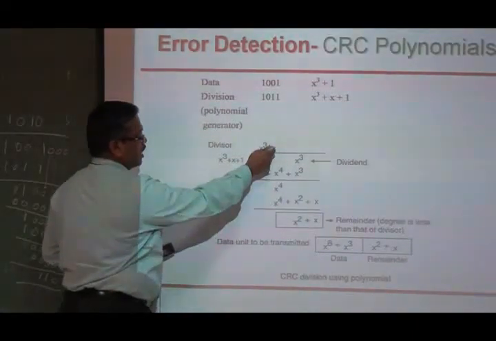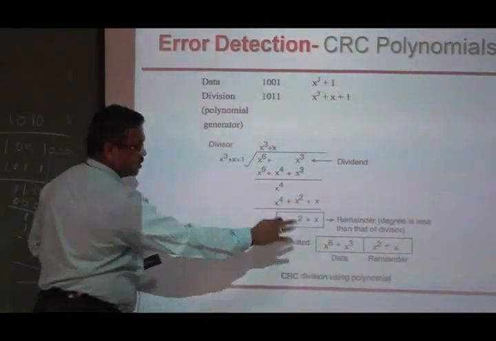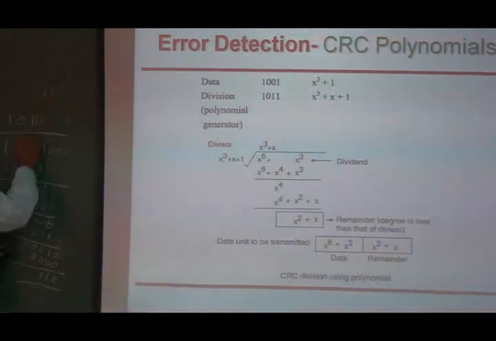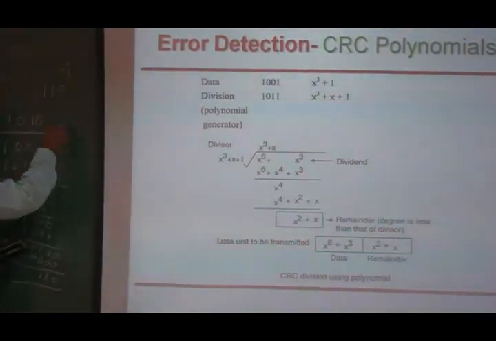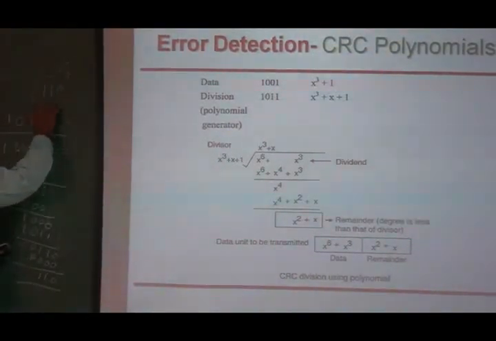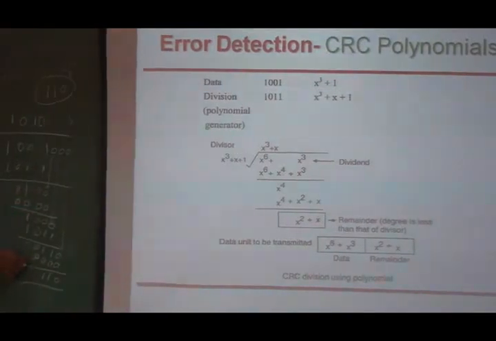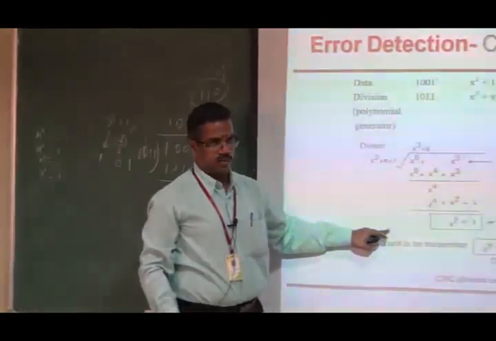So for this you are getting x into x cube is x4, x squared plus x, so x squared plus x is 1 1 0, because there is no x power 0. That's why we are generating 0. So this can be generated. For generating this, we have this number of steps here, but in the polynomial equation it is just a matter of 2 steps.